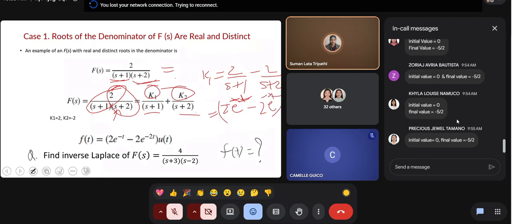And u(t) is optional; u(t) is something which is 1. So you can write it as u(t) and f(t). Because everything is in t, you should write it in this form. So this is the final answer of the inverse.